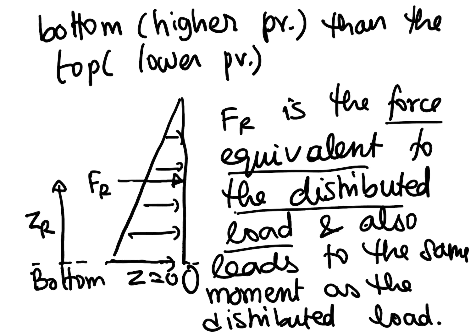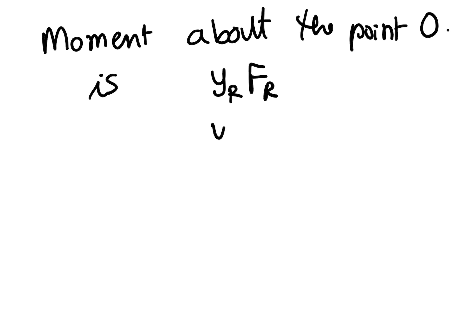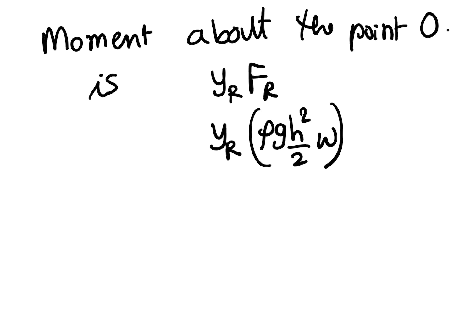So the moment about the point, I'll call this point O, the moment about the point O is ZR times FR, or ZR times rho g h squared over 2 times W. Okay.